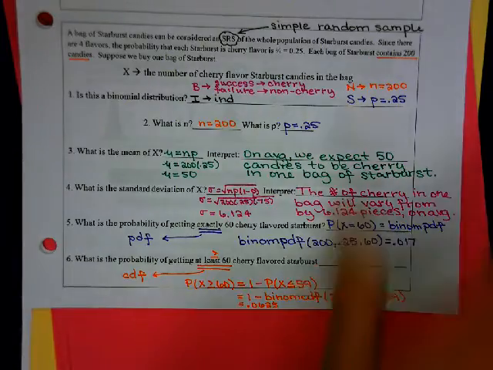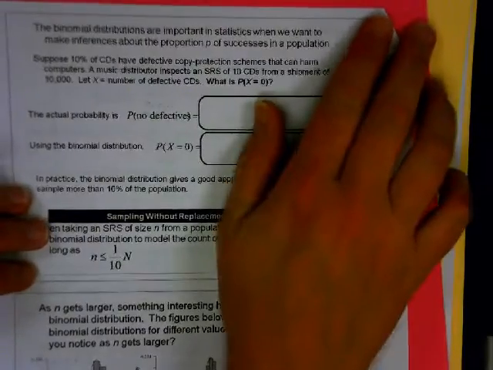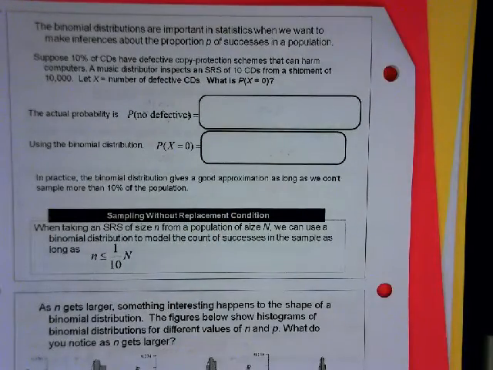Binomial distributions are important in statistics when we want to make inferences about the proportion p of successes in a population. So suppose 10% of CDs, well, this is old, you guys don't even do CDs anymore, but let's suppose 10% of CDs have defective copy protection schemes that can harm computers.